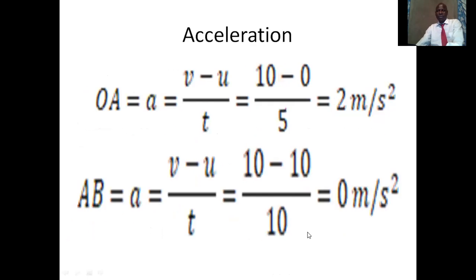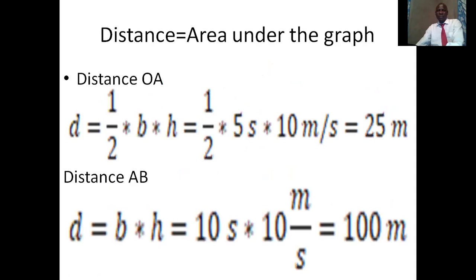All we need to do now is to substitute. The base is 5 seconds multiplied by the height, which is 10 meters per second. This second and this second are going to cancel. So we remain with 5 times 10, which is 50, divided by 2, which gives us 25 meters.